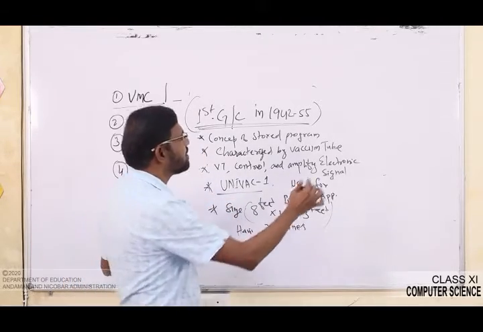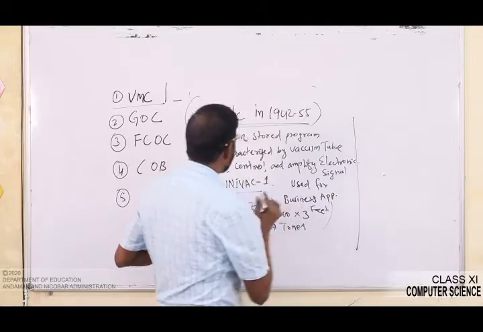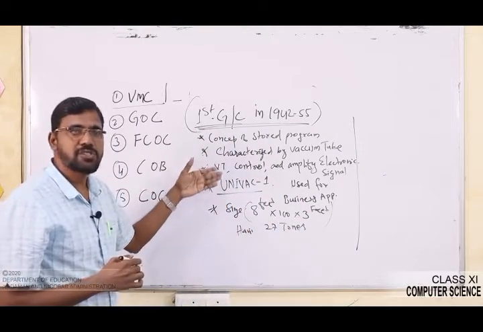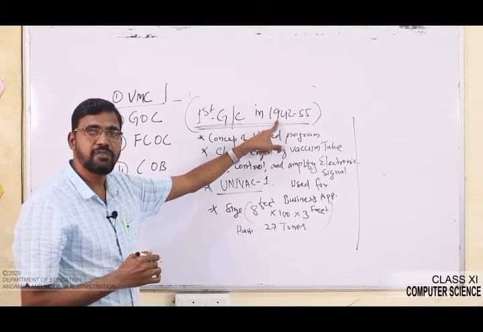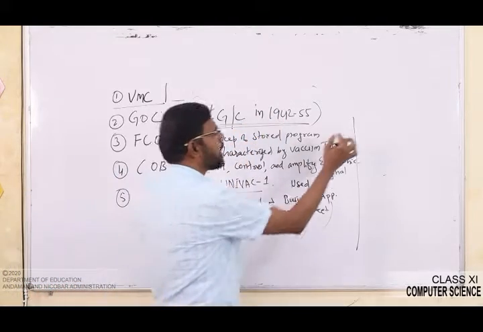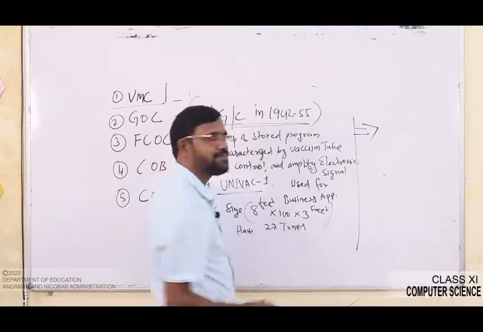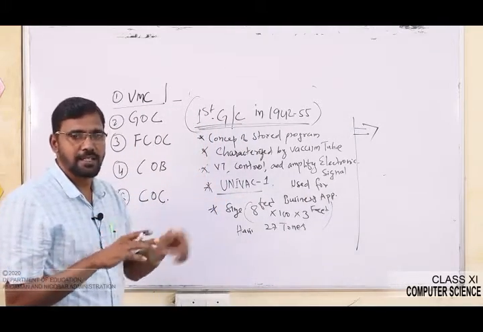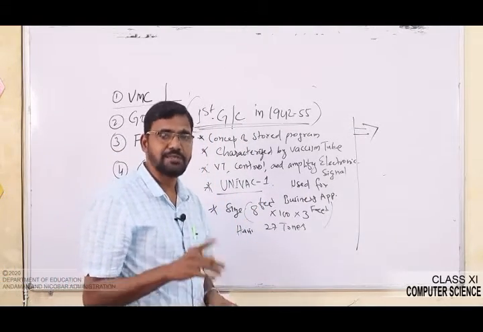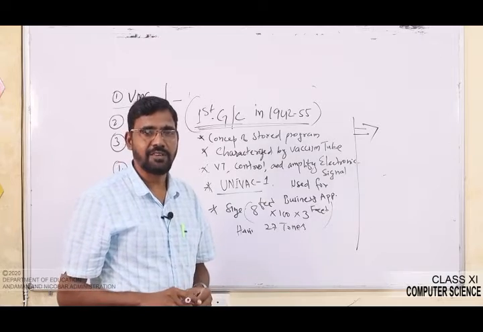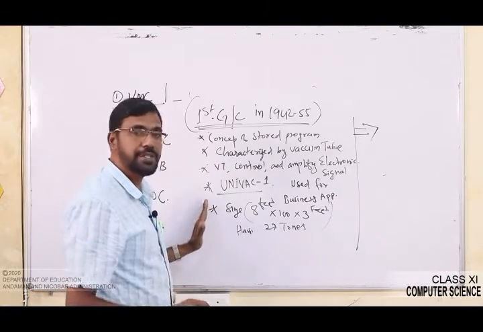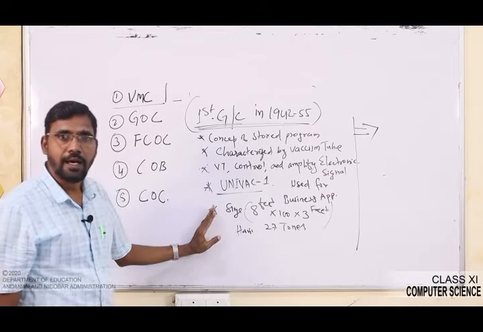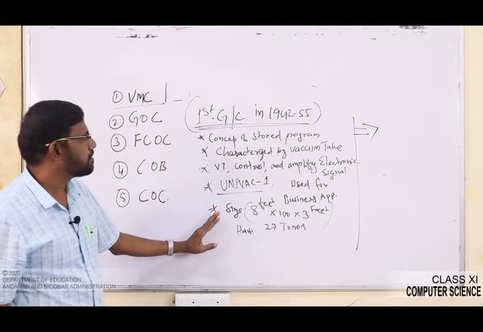So, these are the features of the first generation computer, which was developed in 1942-55. In the picture you can see the first generation computer. This is a valid point while discussing the first generation.